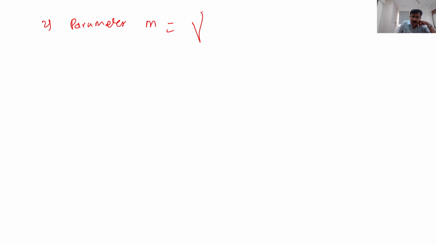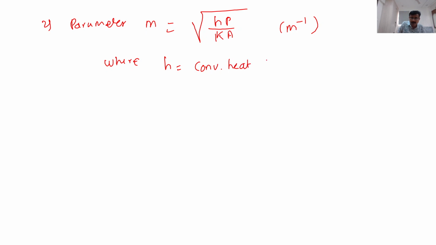It is given by the square root of hP by kA, and the unit of m is meter raised to minus 1. Here h is the convective heat transfer coefficient, in watt per meter degree Celsius or Kelvin, anything you can write.